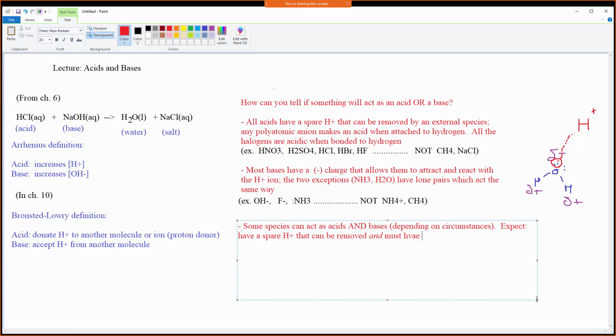It must have a negative charge or a lone pair to attract a hydrogen ion.